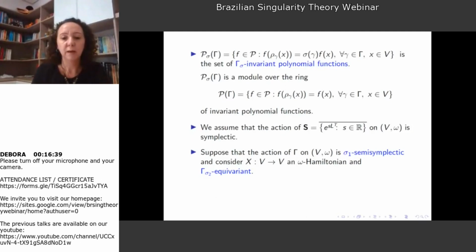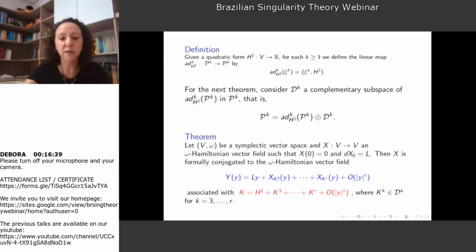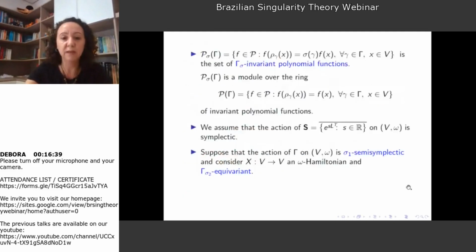What we need now is to determine our complementary subspace decay. For this, I promise the last definitions.